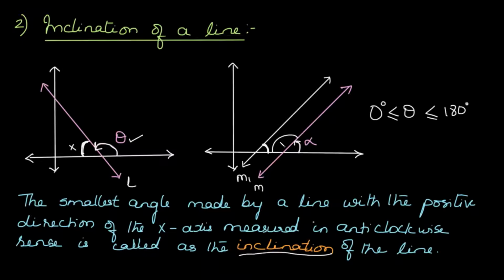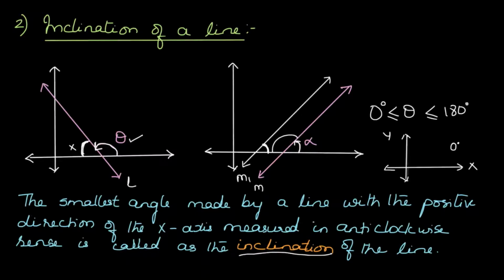Similarly, what about the inclination of the x-axis? What angle does the x-axis make with itself? Suppose I draw a fresh graph just to make you all understand this. This is the x-axis. What angle does the x-axis make with itself? The x-axis makes an angle 0 degree with itself.